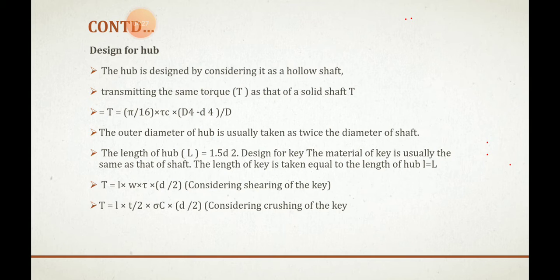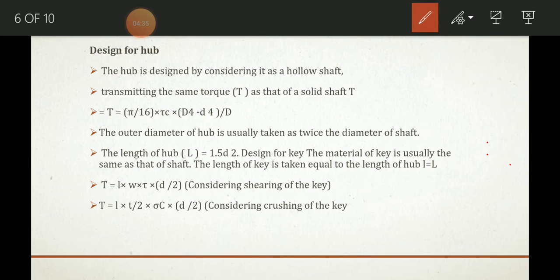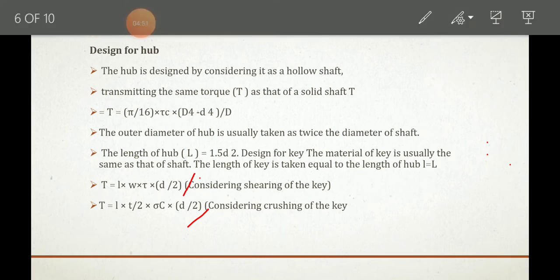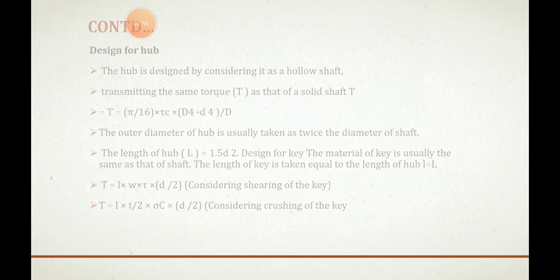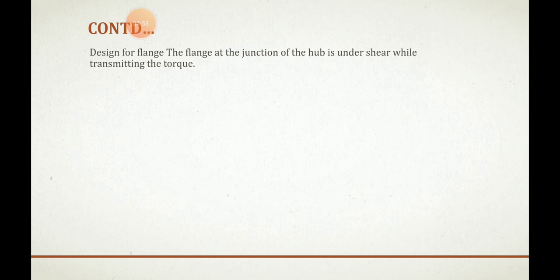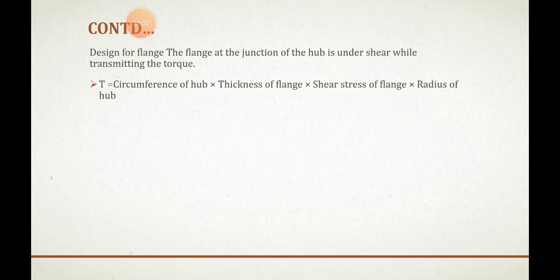If you want to check for the shear stress, whether the key is safe or not, we have to use this formula. l is the length of the key, w is the width of the key, tau is the allowable shear stress, d is the diameter of the shaft. This is for the shear stress, and this is for the crushing stress. We have to consider both, as the key is subjected to both crushing stress as well as shear stress.